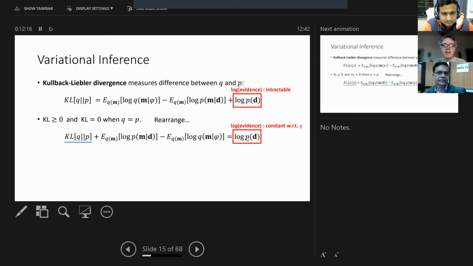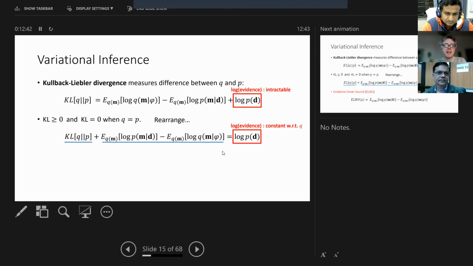But because the right-hand side is constant, that's equivalent to maximizing the sum of these two terms, or the difference between these two terms here. If we maximize the result of these two terms, because that's constant, we must minimize the KL divergence. And these two terms are much easier to calculate because they don't include the evidence at all.